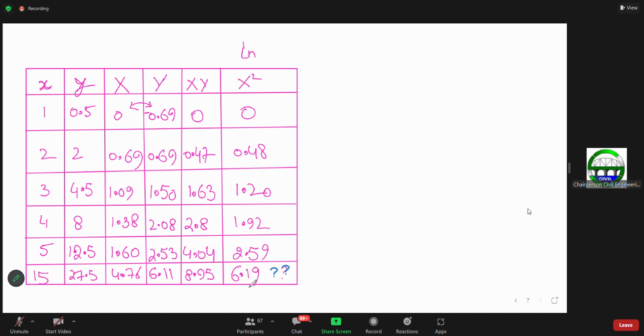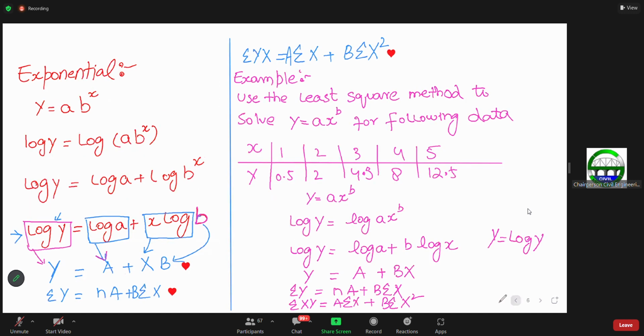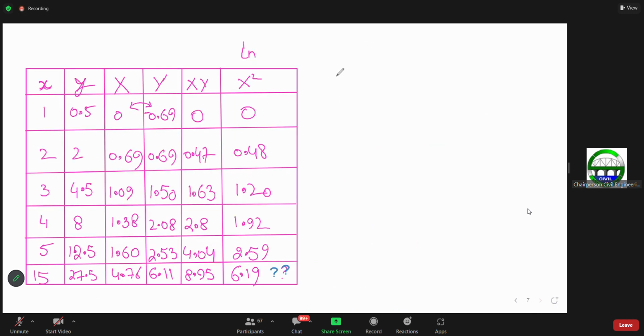Okay, so now we have already these things. So come back here, and in here sigma y is equals to n into a plus b sigma x, and sigma xy is equals to a sigma x plus b sigma x squared, right?